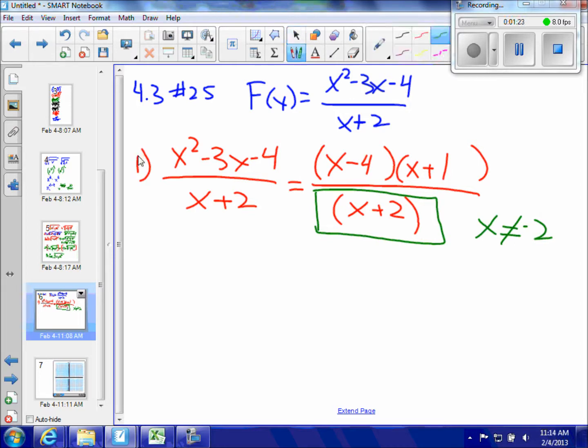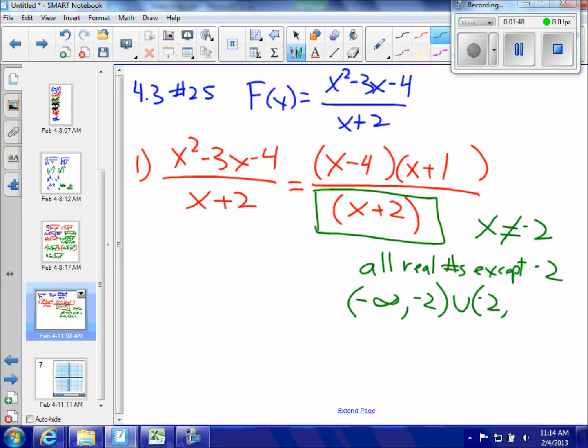So my domain is all real numbers except negative 2. In interval notation, I would go negative infinity up to negative 2, a parenthesis, since negative 2 is not included, then a union, negative 2 on to infinity. So that is the domain of this problem.